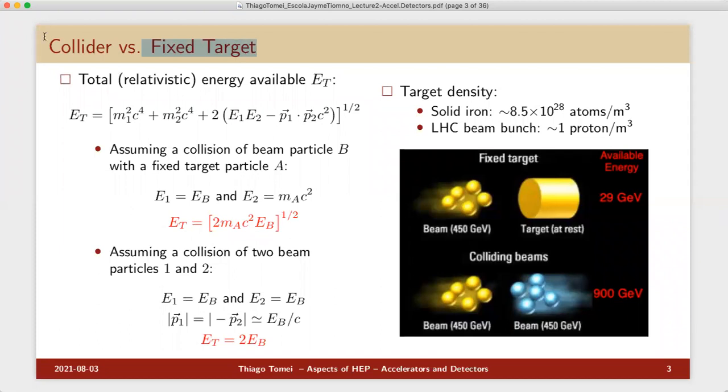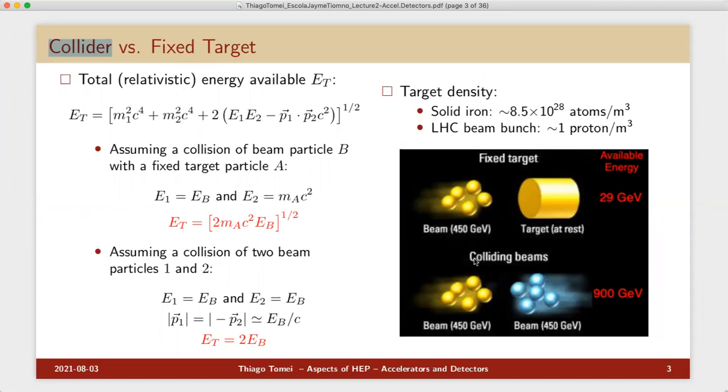In a collider, you're usually colliding two particle beams, one against the other, like in the bottom of this picture on the right. For fixed target, you usually have one beam and you collide it against a solid material, or maybe even a thin film, but bottom line, against a macroscopic object. So in a sense, it's easier to set up a fixed target experiment.